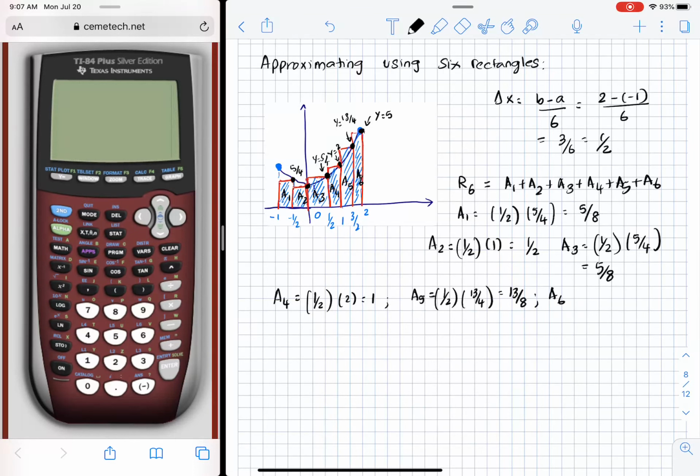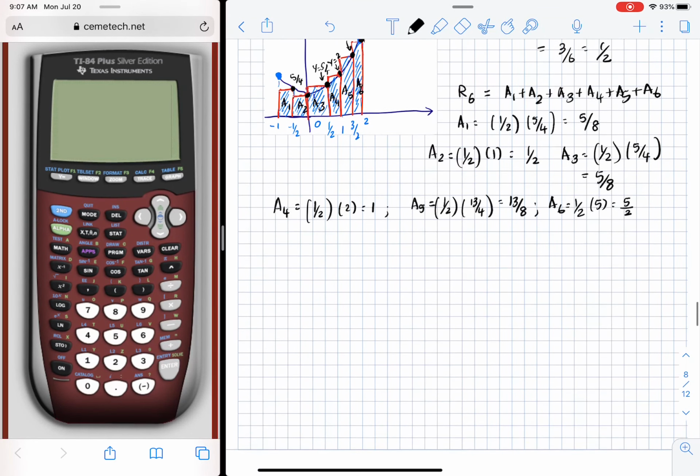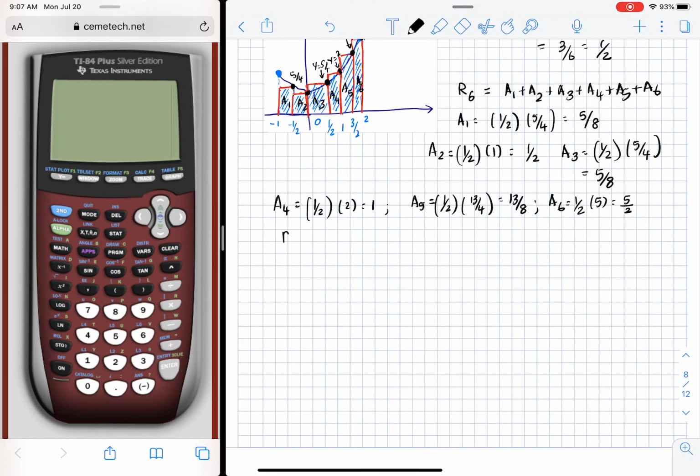A6 is 1/2 times 5, we get 5 over 2. Now we just have to add all these.